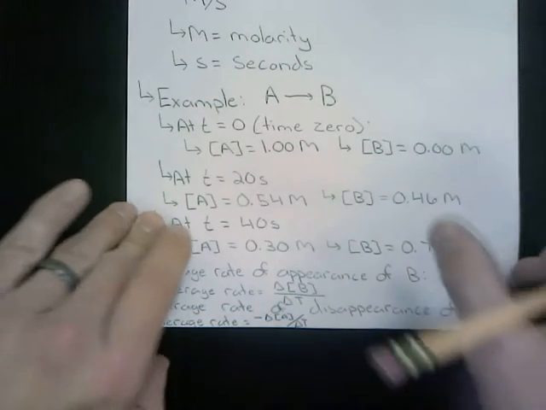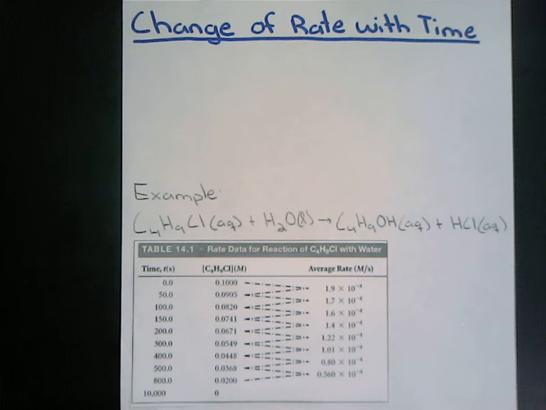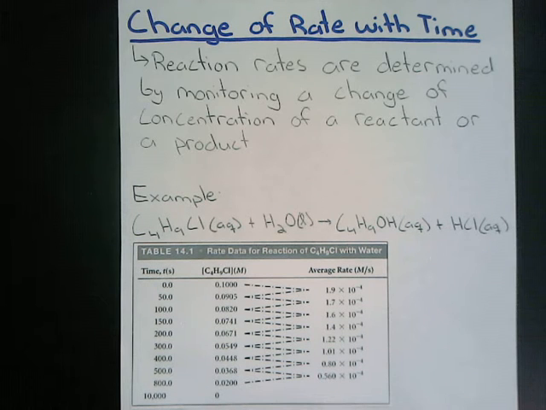Okay, so moving on here, we're going to apply this to an actual reaction. Now, before we get to that point, we need to bring up this important note. And that is that reaction rates are determined by monitoring a change in concentration of a reactant or a product. All right, so let's put that information to the test.